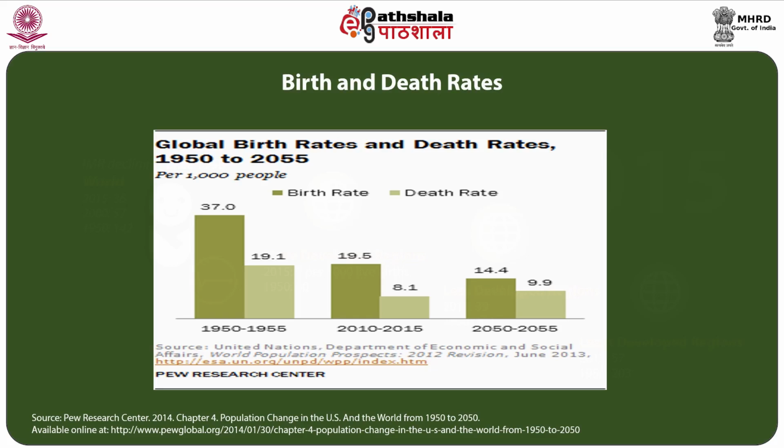If you look at the global birth rates and death rates during the period 1950 to 2055, the data clearly shows that the birth and death rates, no doubt, are going to come down significantly, but the reduction in the birth rate is not to the extent that is seen in the case of the death rate.